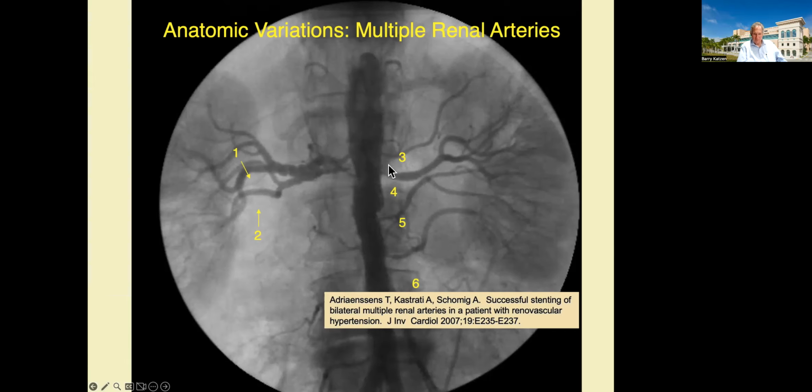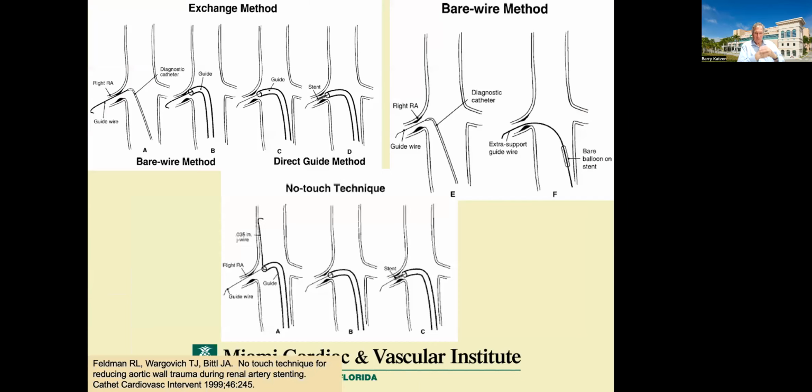This particular patient has 4 renal arteries on the left side, so there's a total of 6 renal arteries. This can be quite complicated to treat, and when we're treating hypertension, it's important that we assess each and every one of these, because we may not be sure which one is the culprit.